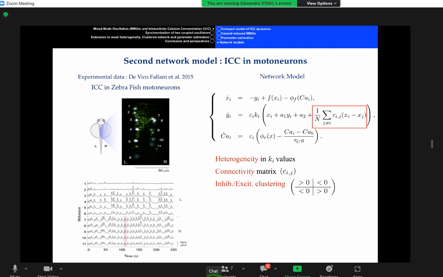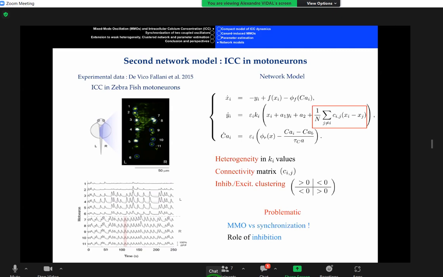So we have a connectivity matrix that can be given by blocks, with positive values on the two blocks, top left and bottom right, and with negative values on the top right and bottom left blocks.